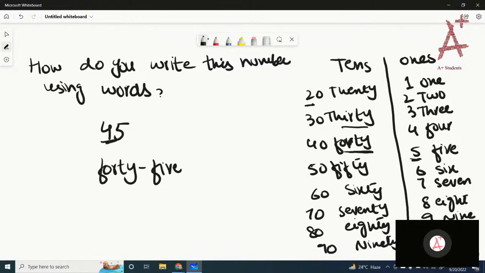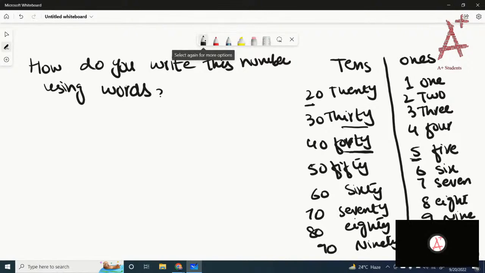The next one is, how do you write this number using words? So the number is 31. When we pronounce 31, first we pronounce the tens digit 30.